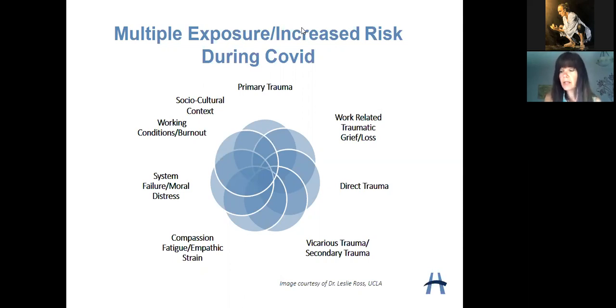That's also very challenging for them. It just goes on and on and on in terms of those pressures.